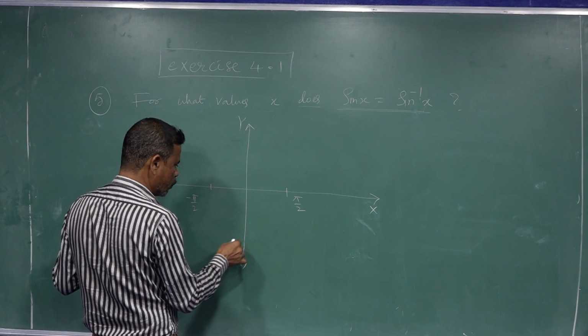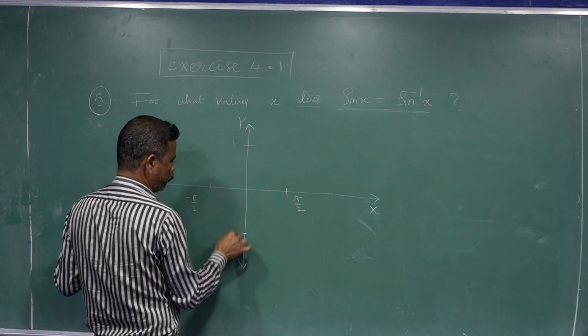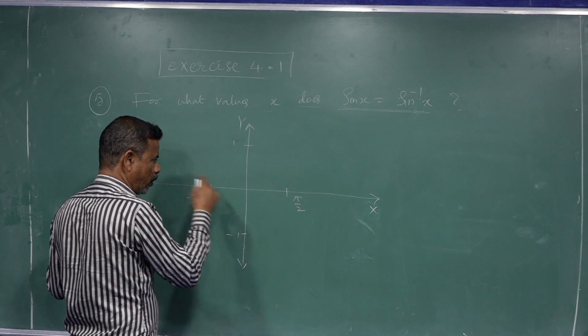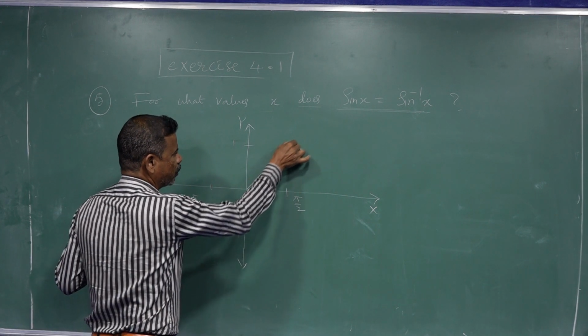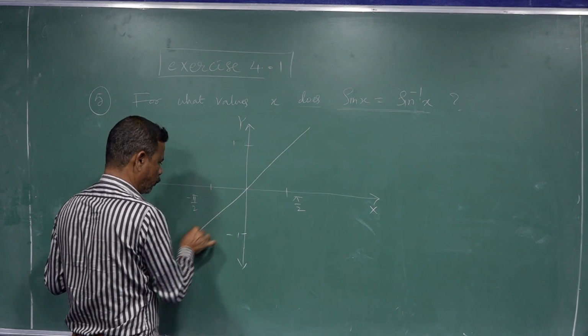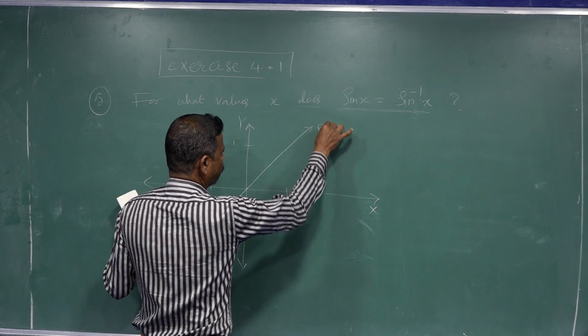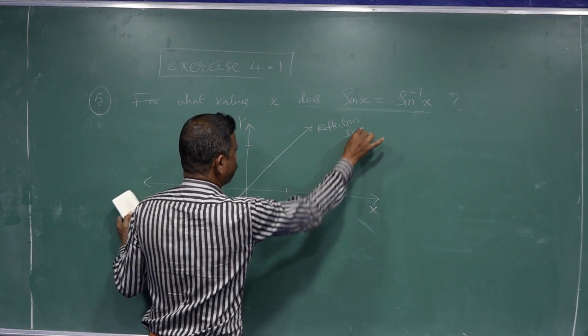For these values, the maximum and minimum are minus 1 to 1. So here you draw one line at 45 degrees. This is the reflection line, otherwise the image line.